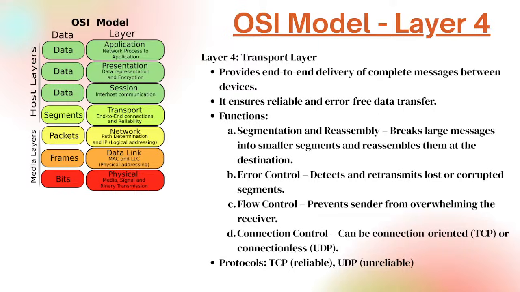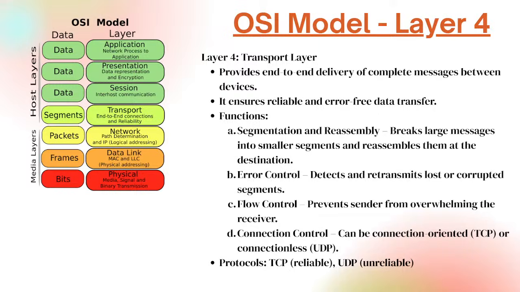Now, what are the major functions used for these purposes? Segmentation is one of the functions. Segmentation means breaking large data into smaller parts called segments for transmission. Reassembly means combining the received segments back into the original message.